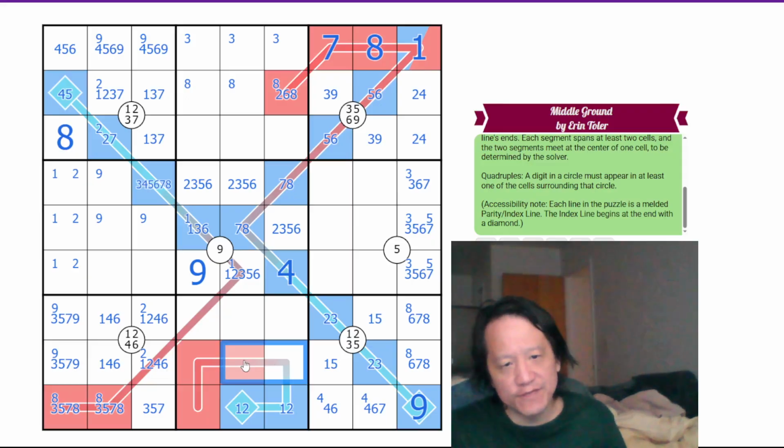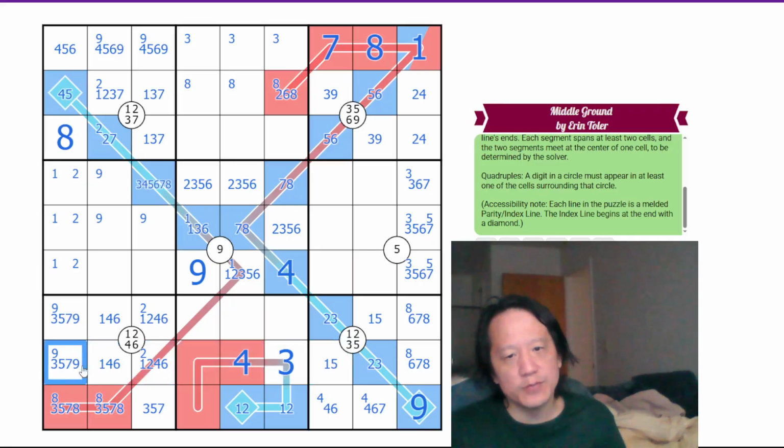If we have 3 and 4, 4 would have to be here. This would be 3. 9 couldn't be here, so 9 would have to be there. You'd have an even digit here. You would have to have an odd digit here, and then an even there. So this would have to be 6.